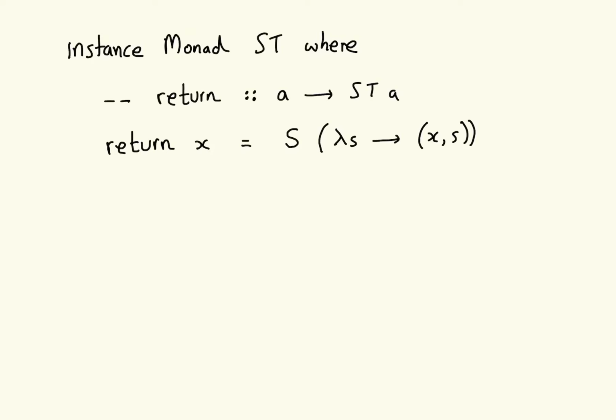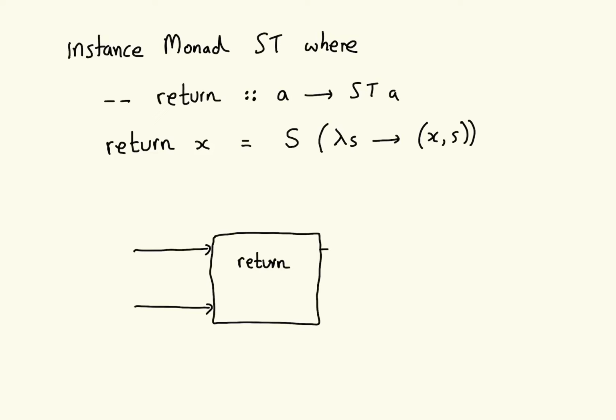So we can have a little picture of this, just like we did last day. So we have a box, and I can call the box return. That's what it's called. And we've got two connectors coming in, and we've got two connectors coming out. So what we have on the top is the value x coming in, and it's going to go straight through and come out the other side.